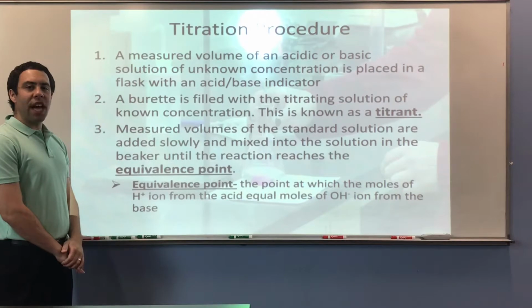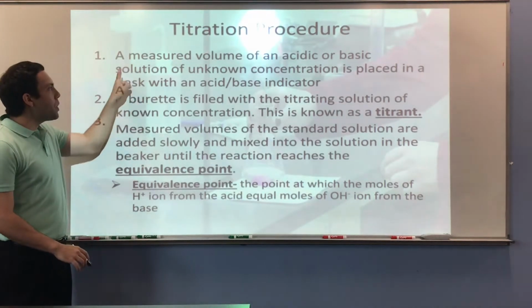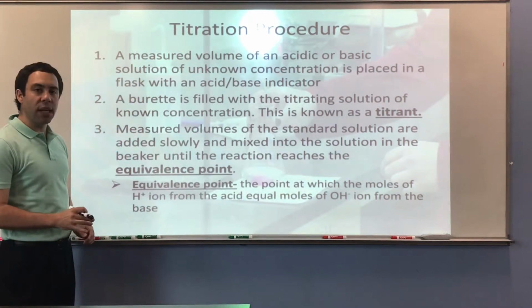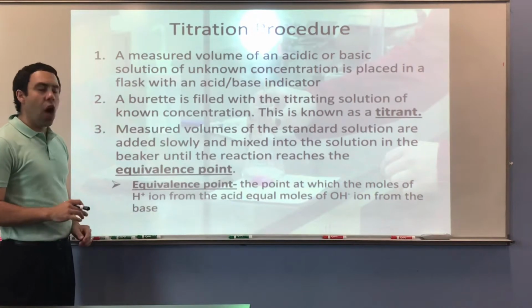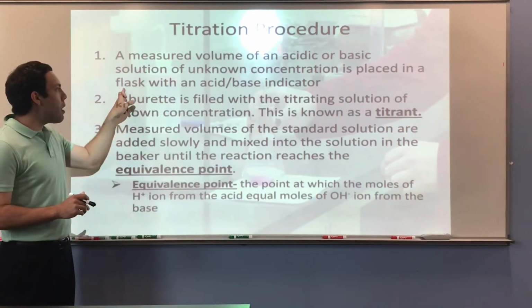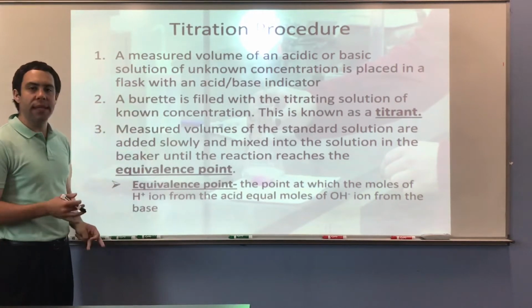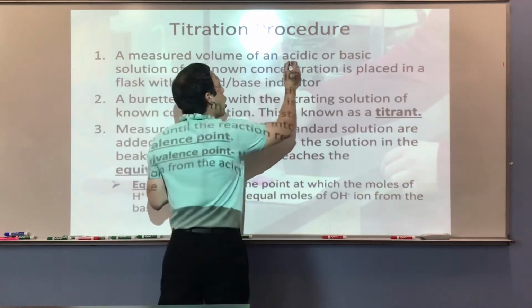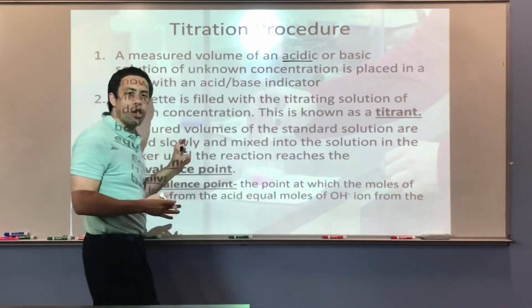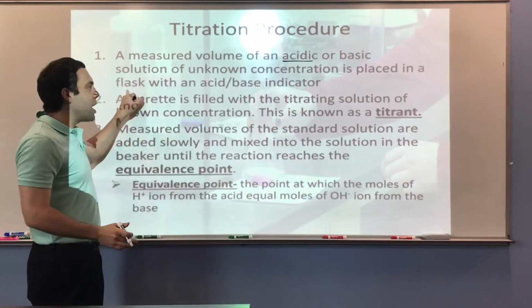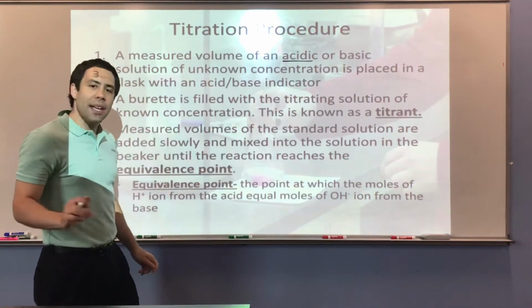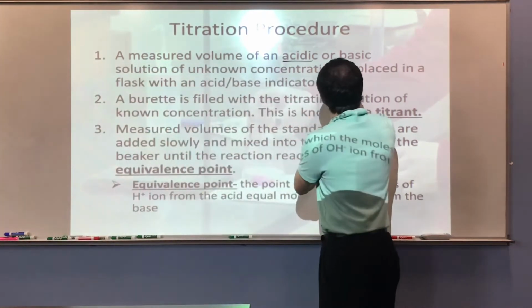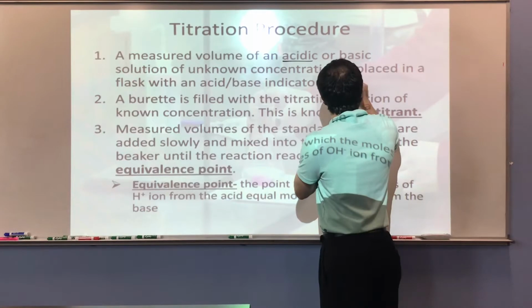When performing a titration, you would want to start with a measured volume of an acidic or basic solution of unknown concentration and place that in an Erlenmeyer flask with an acid-base indicator. Today, we are going to have an unknown concentration of acid. We will put that in the flask, and the acid-base indicator we will use is phenolphthalein.